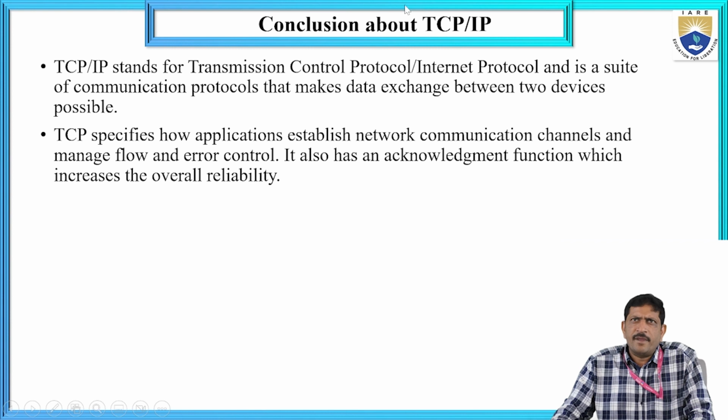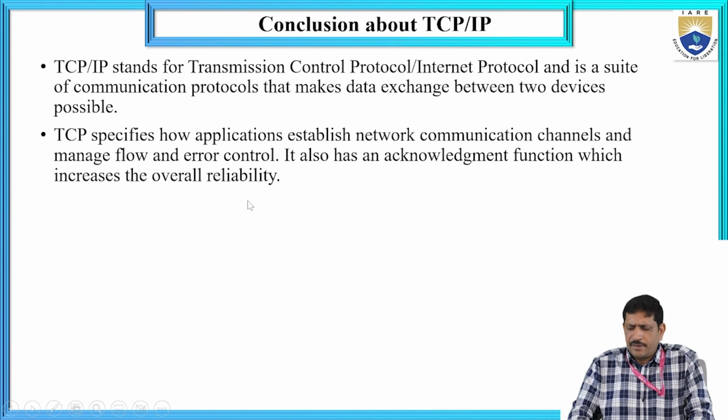Conclusion: TCP/IP stands for Transmission Control Protocol/Internet Protocol, and is a set of communication protocols that makes data exchange between two devices possible. TCP specifies how applications establish network communication channels, and manages flow and error control. It also has an acknowledgement function, which increases the overall reliability.